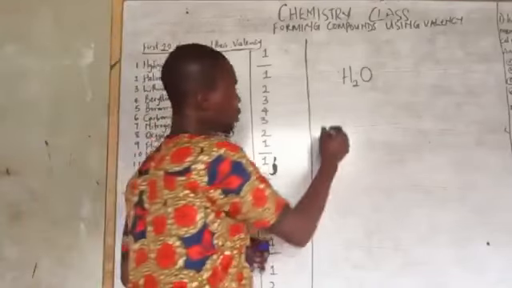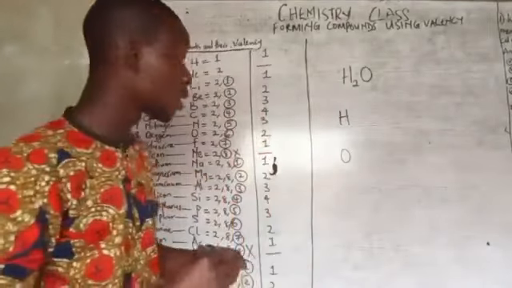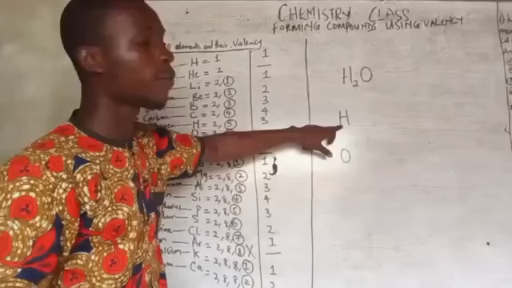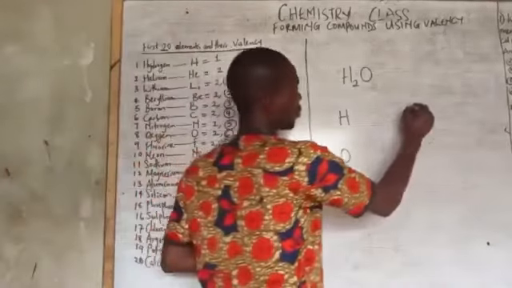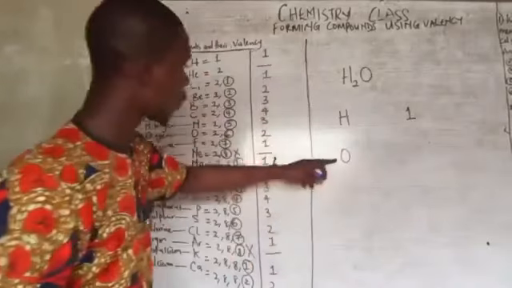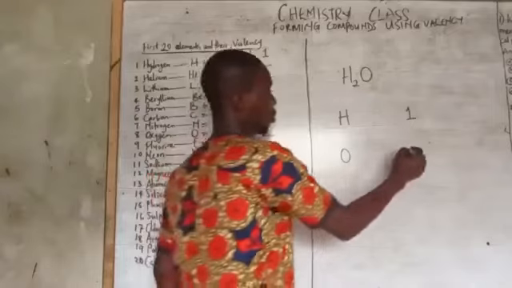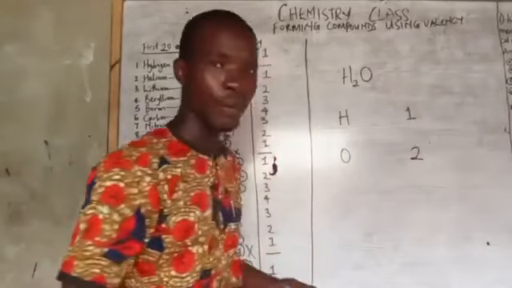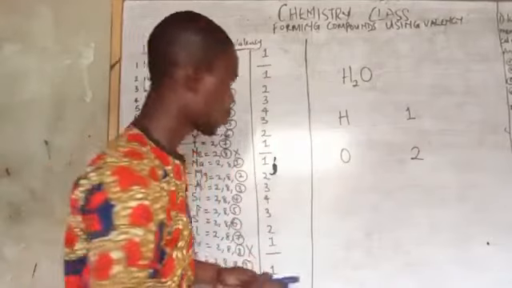We have hydrogen and oxygen. So we need to figure out the valency of hydrogen is 1. And the valency of oxygen is, let's check, 2. When the valency of the element is given, we cross multiply.